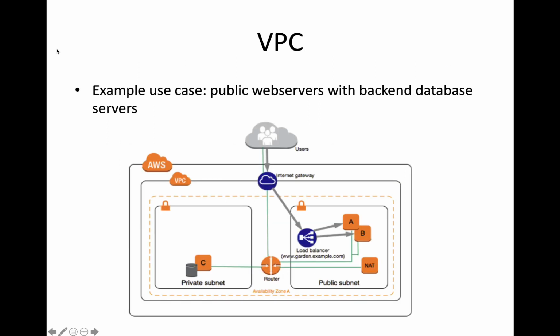So here's a basic use case for a VPC. We have an AWS region, and within that region, we have defined a VPC. That VPC has two subnets defined within it, and one of the subnets has some public web servers, and the other subnet has something like a database.